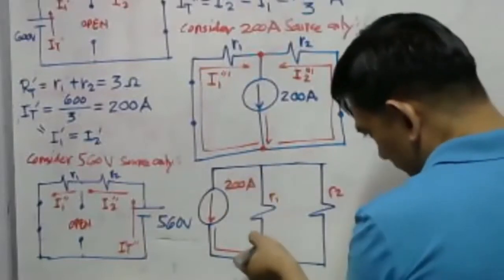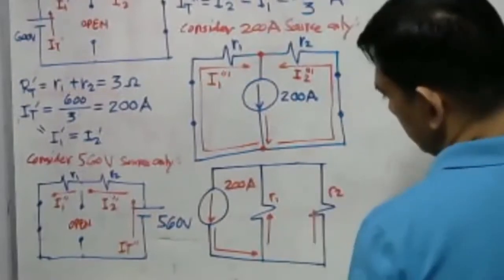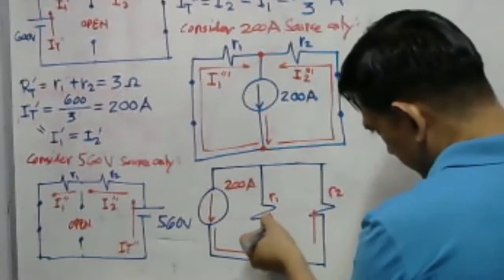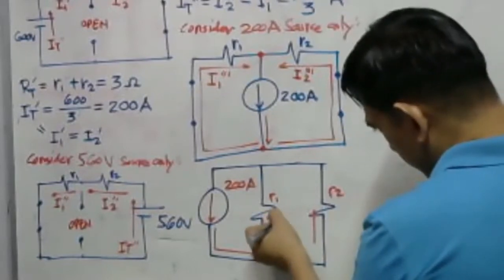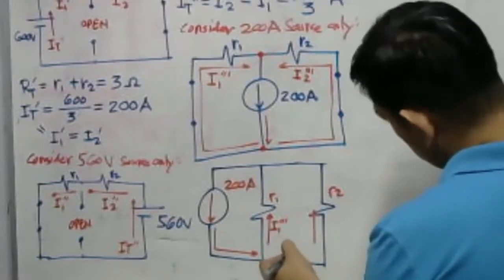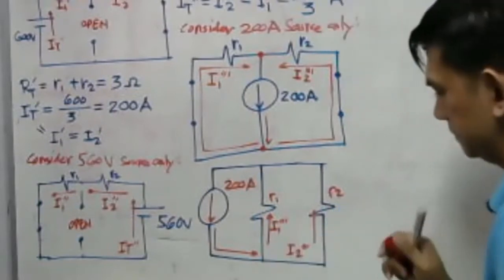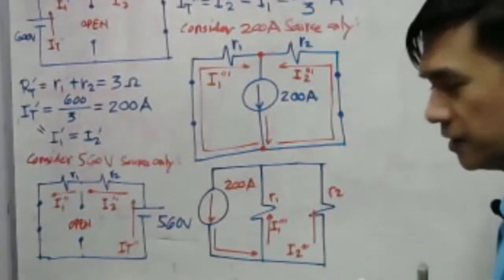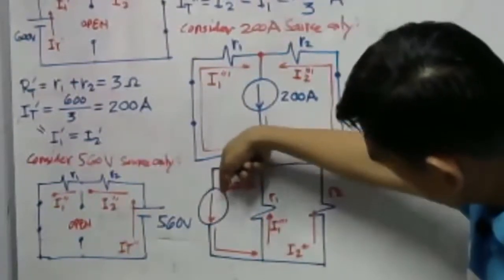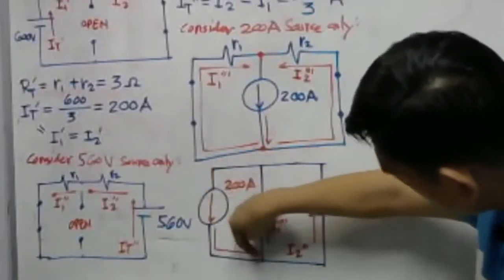The current will flow here and here. So this will be our I1 triple prime, and this will be our I2 triple prime. See? The current flows like this, in a counterclockwise direction.